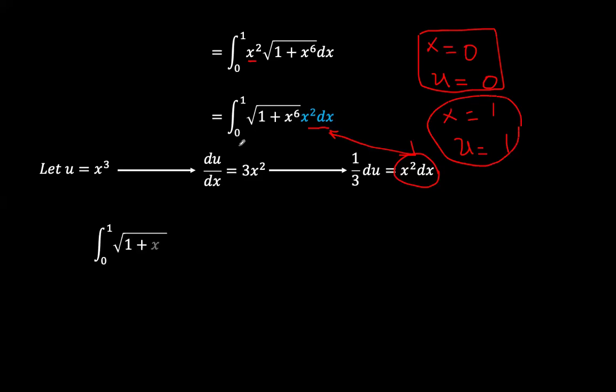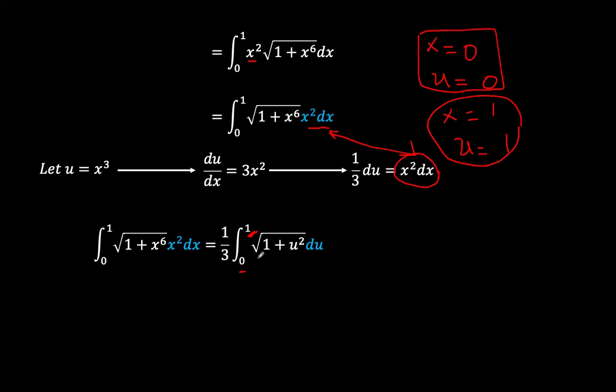And so for our new integral, in place of x squared dx, we have a third du, so we pulled out a third. In place of x equals 0, we put u equals 0. In place of x equals 1, we put u equals 1.